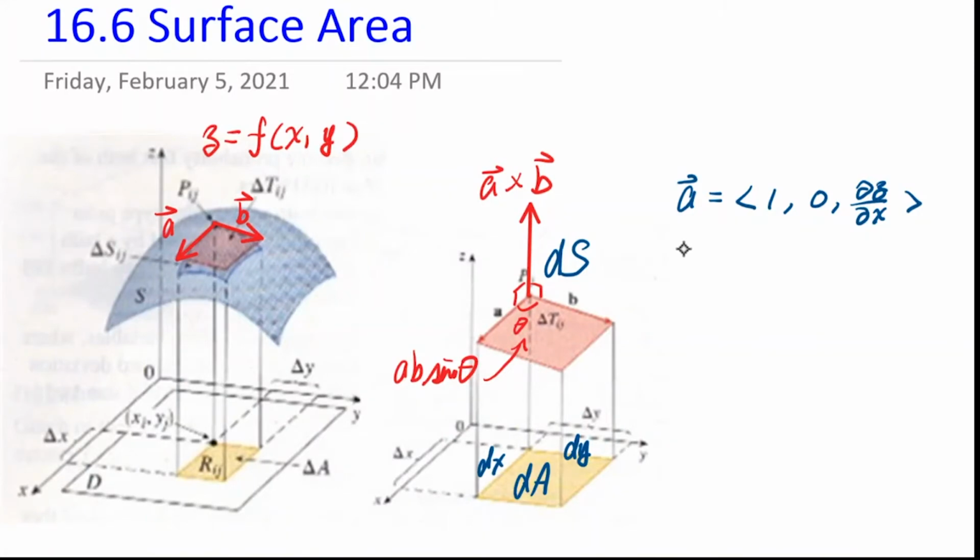Okay, then your vector B. Now vector B is pretty trivial, right? There's no movement in the x direction and there's only movement in the y direction, but if I set that to 1, then that ratio should be your partial derivative with respect to y, isn't it? So these are vector A and B.